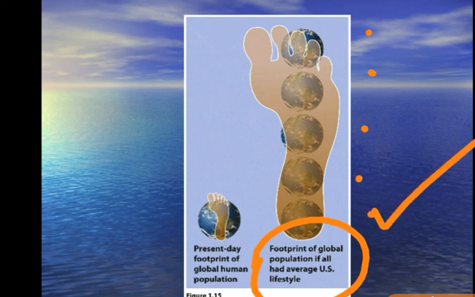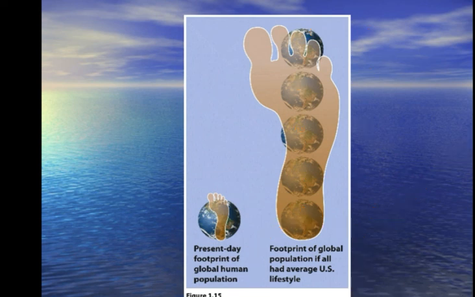If all the people start living like the people in the US, then 5 earth planets will be consumed if the lifestyle of the US is followed by all. Present day footprint of global population if all had average US lifestyle.